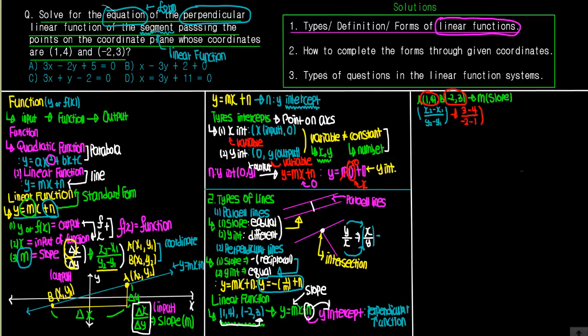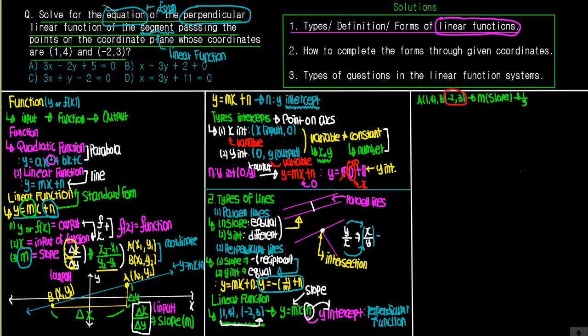This whole thing will be negative 1 over negative 3, which can be simplified to 1 over 3. So our m value will be 1 over 3.